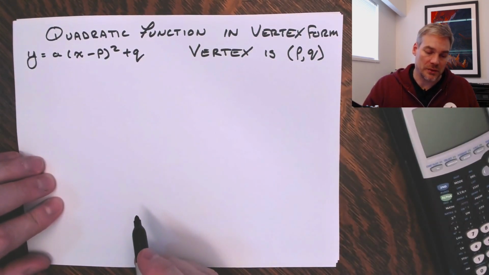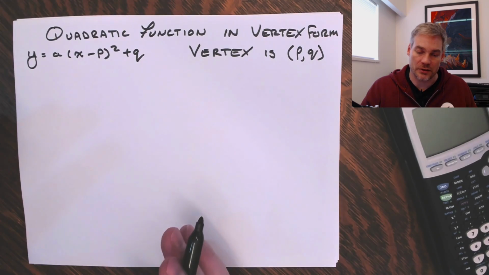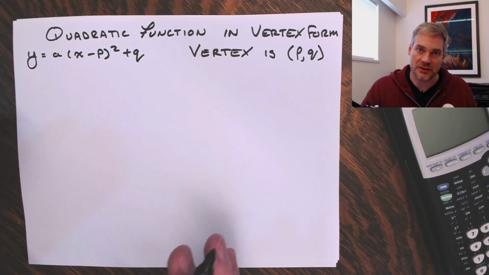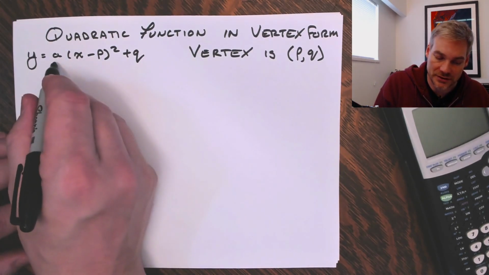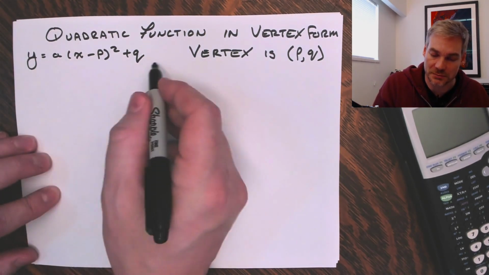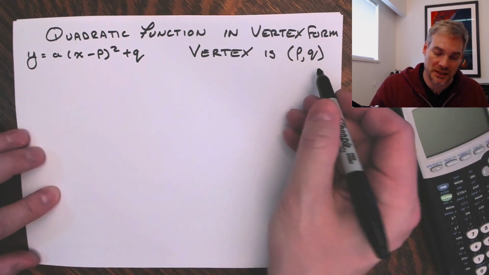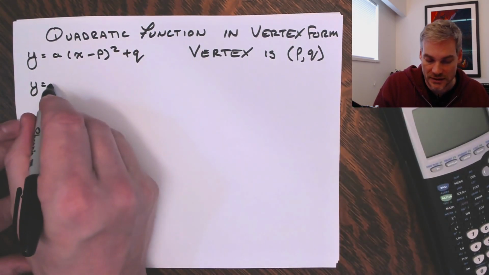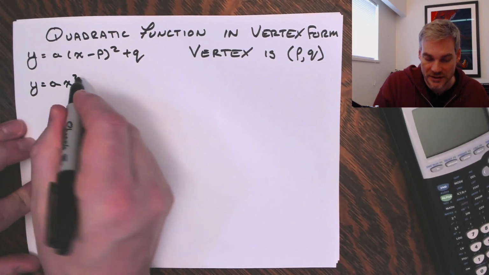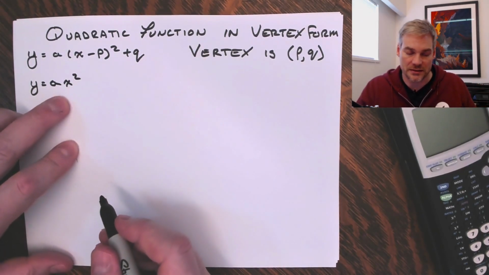Now, we are going to observe how a simplified form of this works, just so we can get a grasp on how all these different numbers impact it. So the vertex is p and q. What is a? Let's say we had a very simple form of this, which is ax squared.